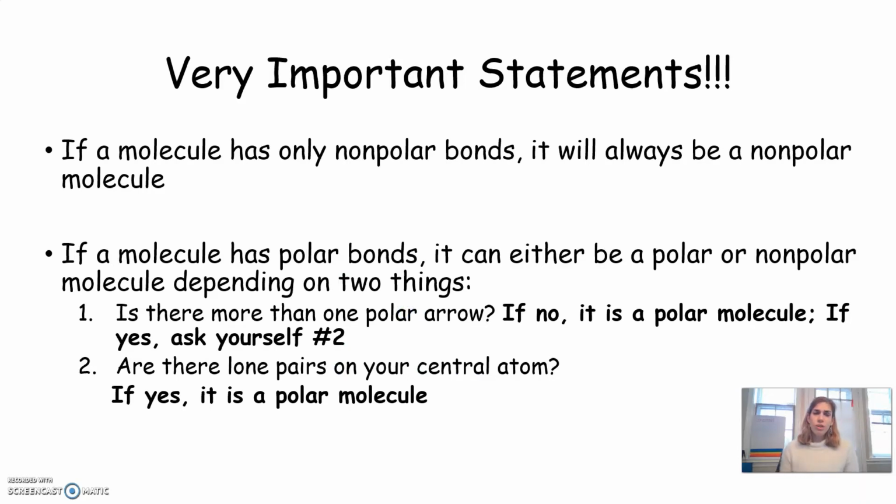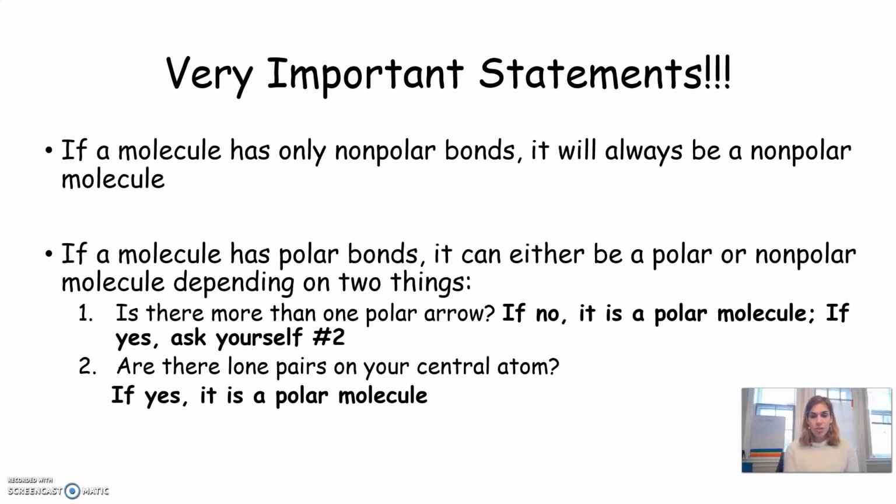These are two very, very important statements, so I need you to pause this video and write these down. If a molecule has only nonpolar bonds, then it will always be a nonpolar molecule. But if a molecule has polar bonds, it can either be a polar or nonpolar molecule depending on two things.